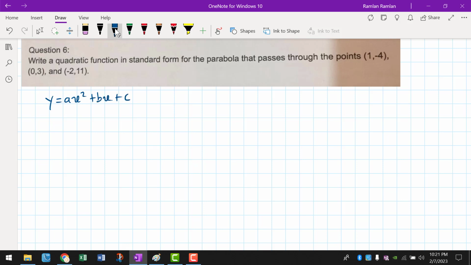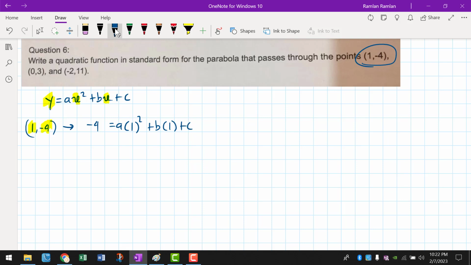So we're gonna plug it one by one. Let's plug this one over here first. So that will be 1 comma minus 4. If you plug that in, the y value will be minus 4 and the x value will be 1. So minus 4 equals a times 1 squared, because 1 is the x value for this point, plus b times 1 plus c.